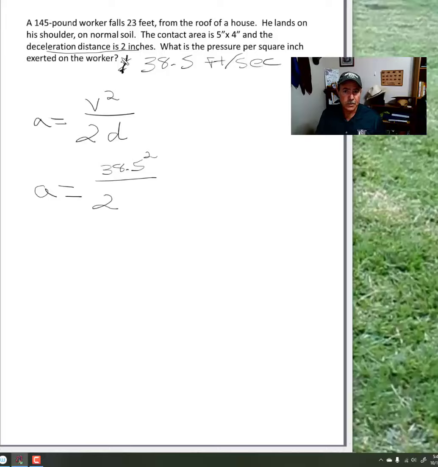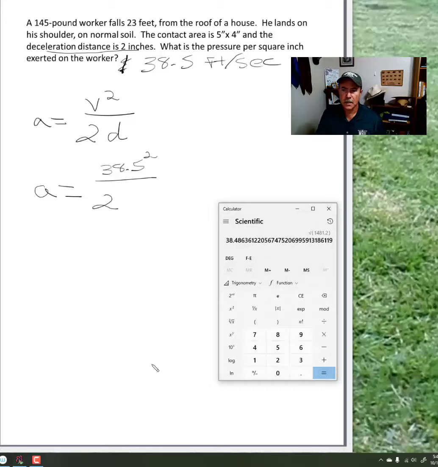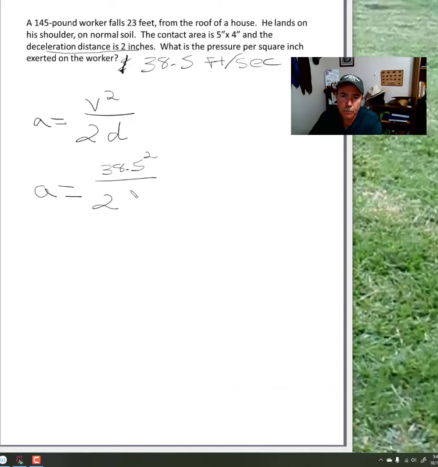But it needs to be in feet. So we need to do a simple calculation here to convert the inches to feet. So 2 inches divided by 12 inches in a foot. That 2 inches is the equivalent of 0.167 feet.